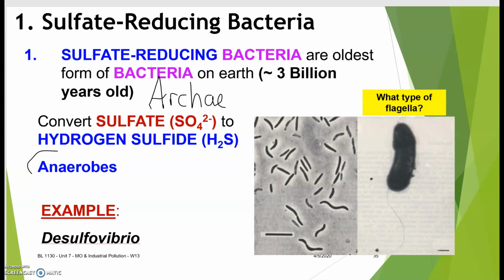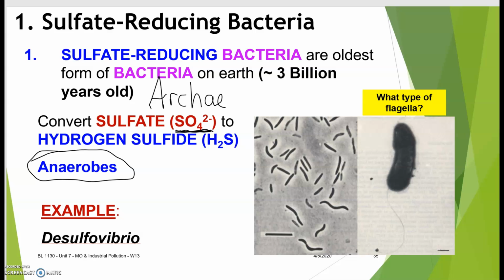They're anaerobic. They would have evolved in an era before the planet was highly oxygenated, so they wouldn't operate with oxygen. And what they do is they convert sulfates, those SO4 2-, which is the best form of sulfur for plants to grow, and they turn it into hydrogen sulfide gas, which is going to give us that rotten egg smell.